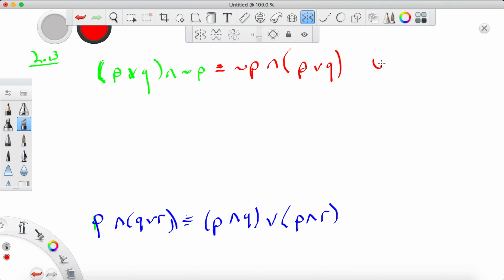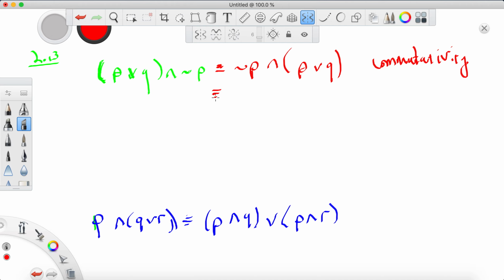Well, it's true by the commutativity. So all of these algebraic rules that we're using, you are going to have to prove that they are true at some point, or you've already proved them at this point in your homework. So the way you do that, of course, is you just show that the truth tables are equal, and if they're equal, they have to be logically equivalent.